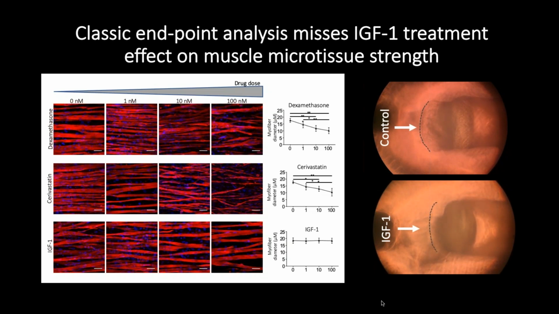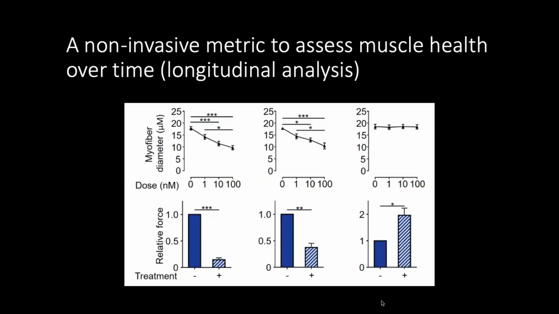The movement of the post is really minimal compared to what we see in our IGF-1 treated condition, where you can see that the post moves really, really dramatically, showing that through this non-invasive assay of function, we have a more sensitive approach to be able to assess treatment effect on microtissue strength.